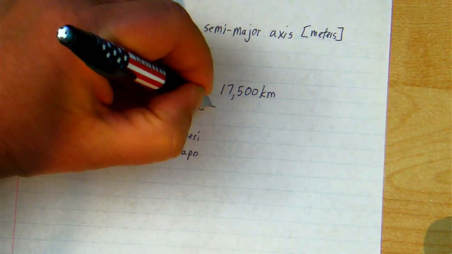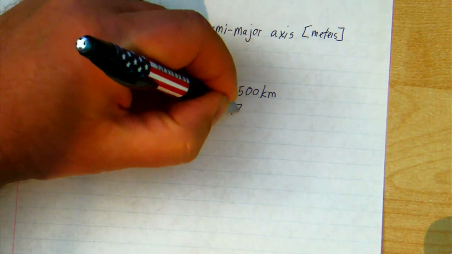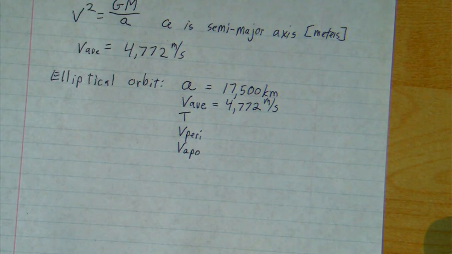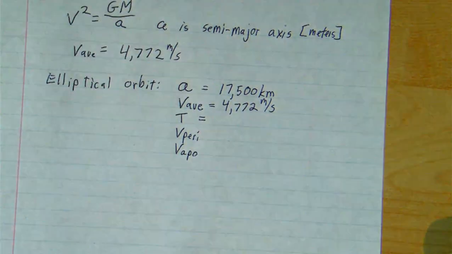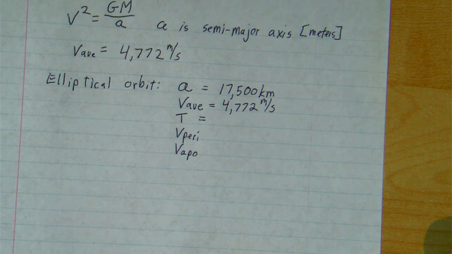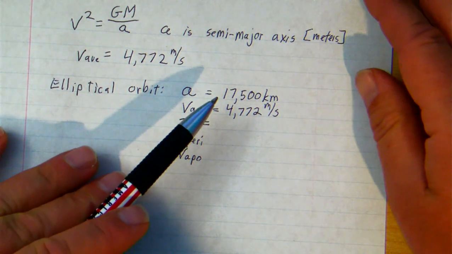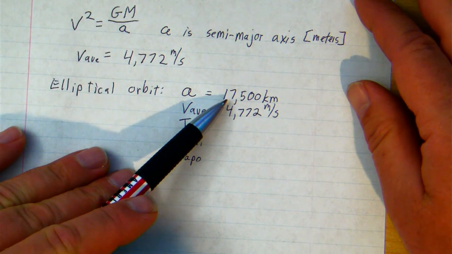We just calculated the average orbital velocity is 4,772 meters per second, but we're going to eventually want to know what is the orbital period for this elliptical orbit. And the beauty is we use the semi-major axis to find that answer.